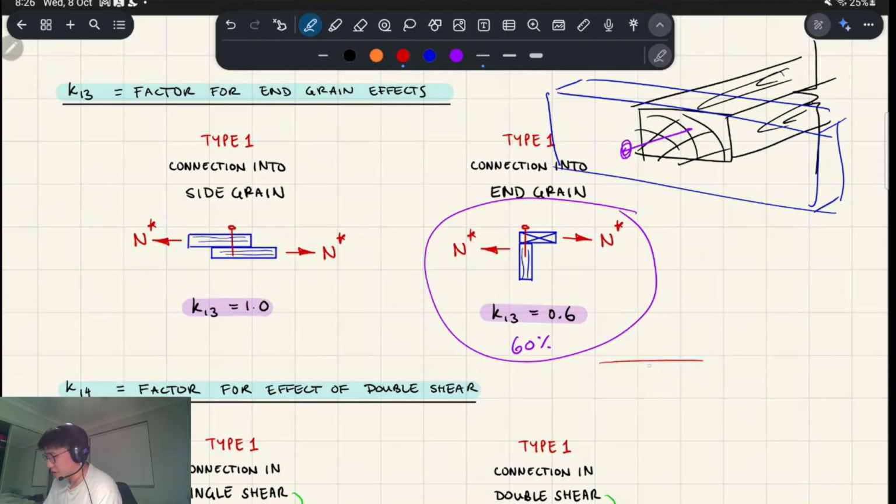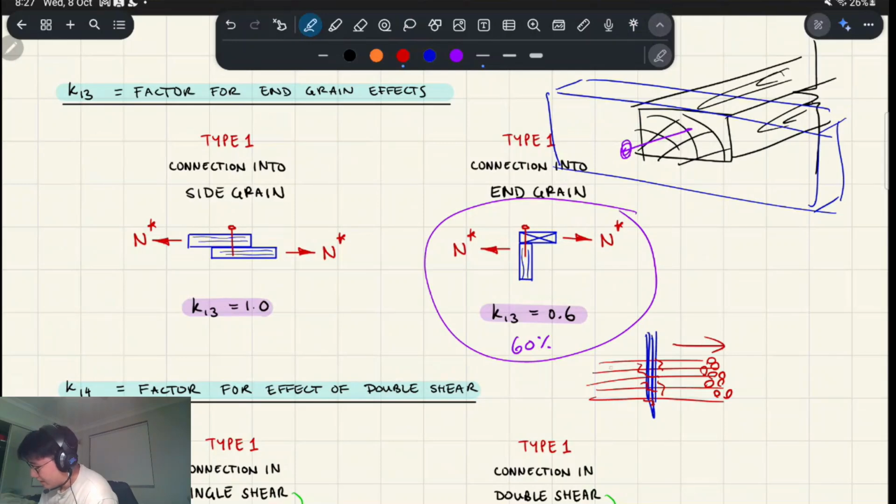timber is basically like a bundle of sticks or straws, right? If we have a nail or something going through all these fibers and it displaces it, essentially, sorry, in shear I should say, let's draw it like this, okay?